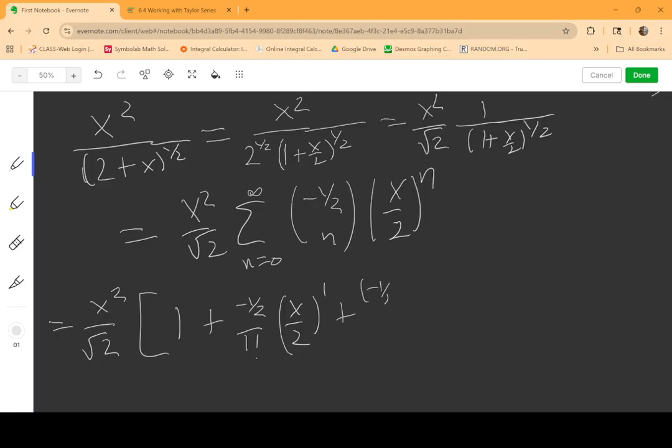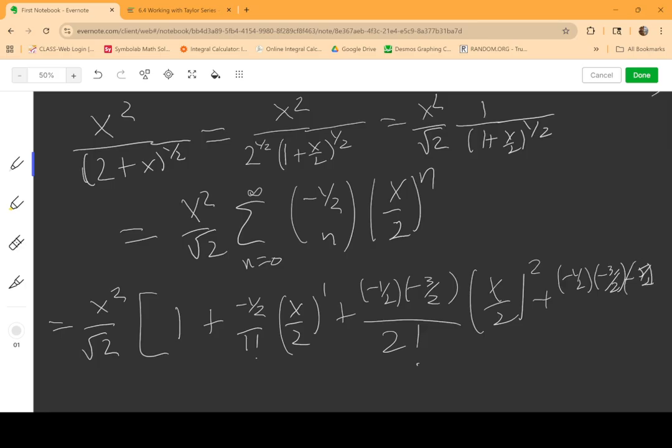Plus negative 1/2 times negative 3/2 over 2 factorial, I've already subtracted the 1 there, x over 2 squared, plus negative 1/2, negative 3/2, negative 5/2, all over 3 factorial, x over 2 cubed.